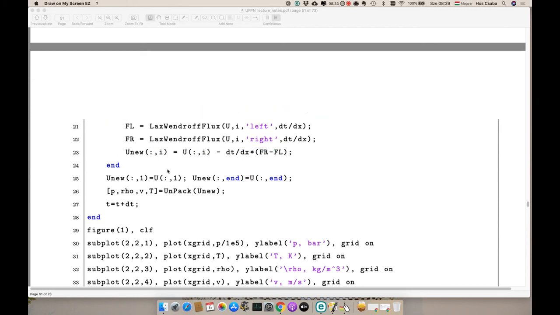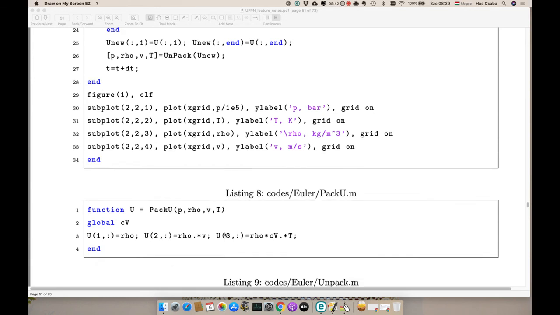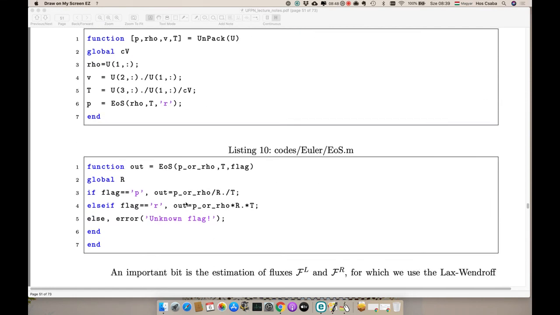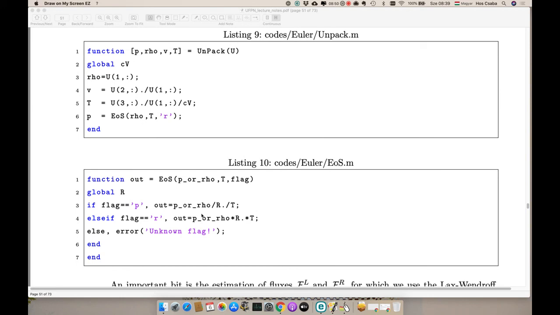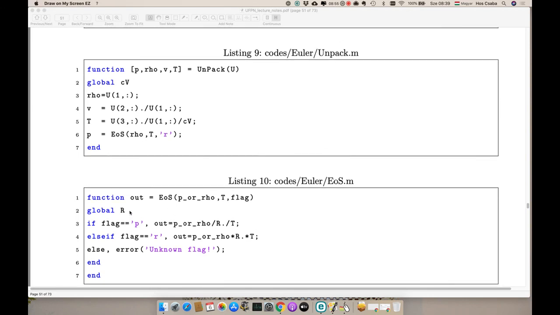And there are a couple of utility functions. For example, how you compute u from p, rho, v, t, and then how you compute the primitive variables from u. Of course, you also need an equation of state, which is here. Okay, so I wrote it in a funny way.